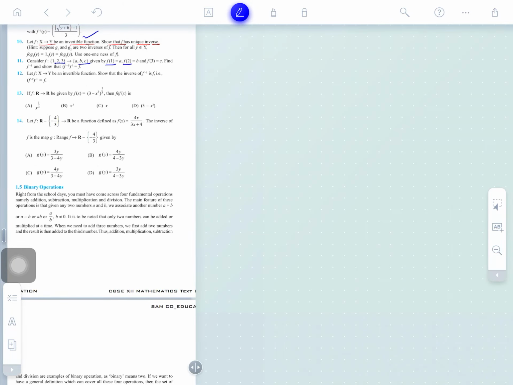f of 1 means under the f function, 1 gives you a, under the f function 2 gives you b, and f of 3 gives you c. Obviously it's a bijective function. Okay, find f inverse.